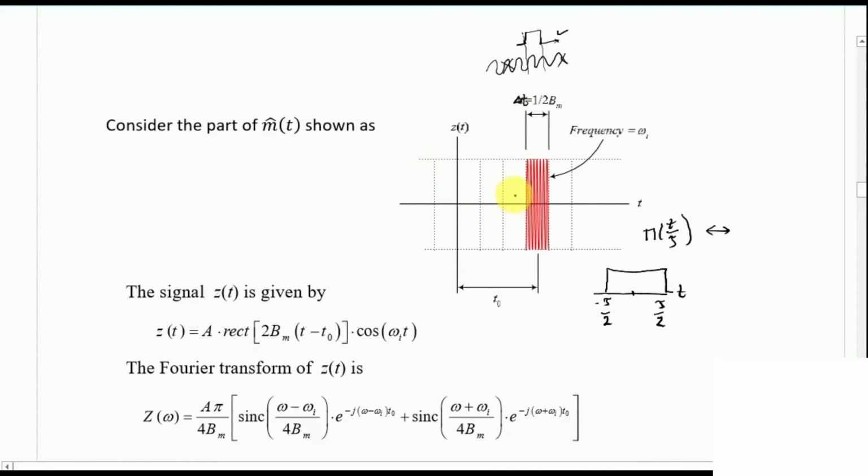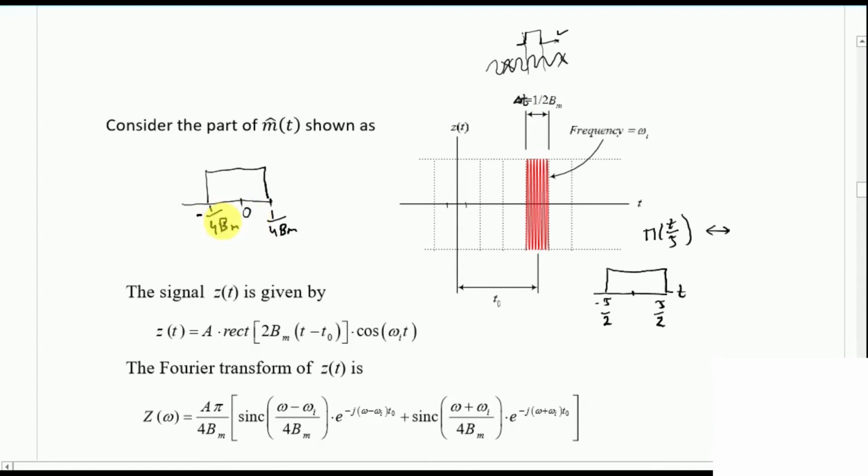If it was at the origin over here, it would be something like this function, from minus 1 over 4 bm through 0 to 1 over 4 bm. So this width would be 1 over 2 bm, right?